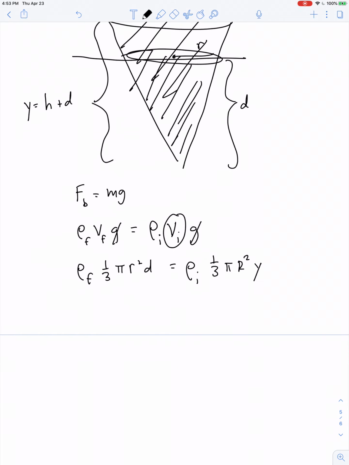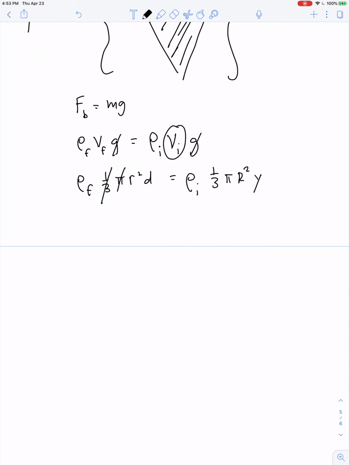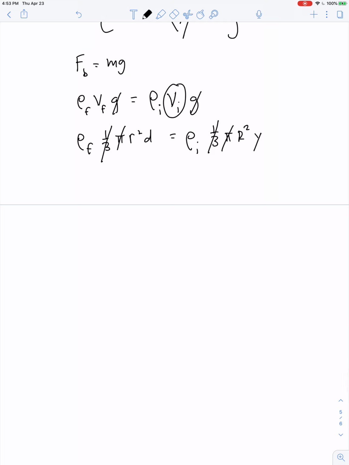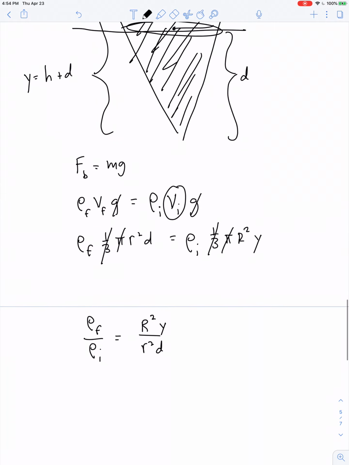times y. So, like I was saying, the 1/3 and the pi both cancel out, and then we have the density of the fluid divided by the density of the ice is equal to capital R squared y divided by lowercase r squared d. And this is where the right triangle comes in.